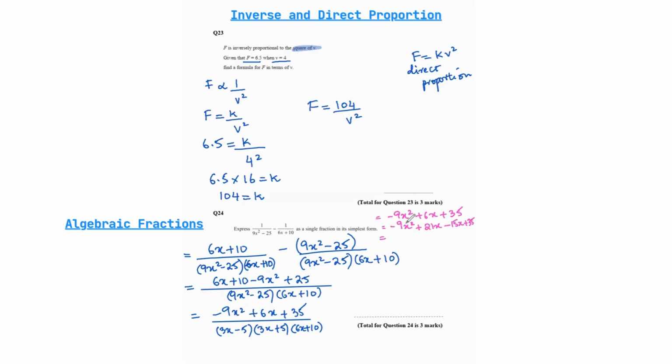Factor by grouping. In the first two terms, we have negative 3x common, so that's 3x minus 7. And in the last two terms, we have negative 5 common, so that's 3x minus 7 again. Between negative 3x and negative 5, we have 3x minus 7 common. So now we can replace the numerator with this.